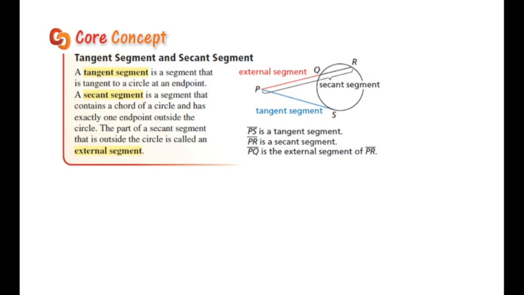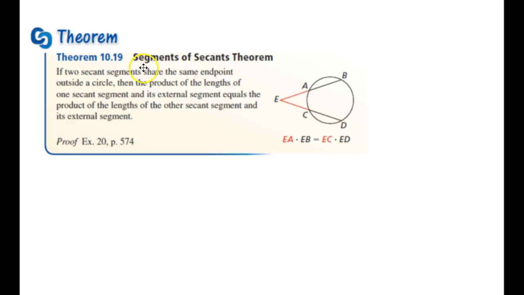Okay, so let's look at some examples of this. Here's my segments of secants theorem. If two secant segments share the same endpoint, here they share point E, then the product of the lengths of one secant segment and its external segment equals the product of the lengths of the other secant segment and its external segment. So here it's a little bit different. I'm not just going to multiply the pieces together.